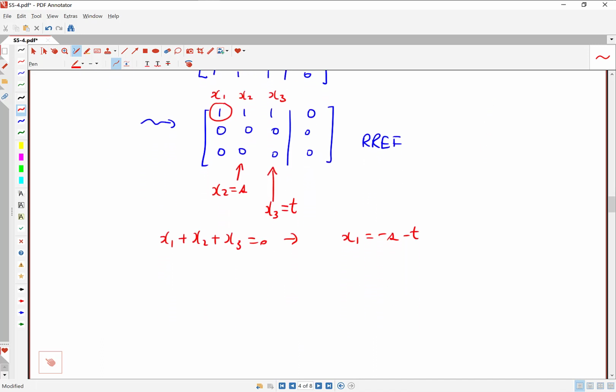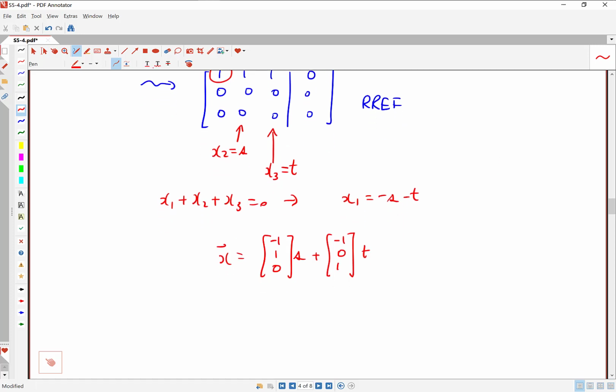Okay, so then from there we can write up the vector form of our eigenvectors. So we're going to have some numbers times s plus some numbers times t, and our coefficients are going to look like -1, -1. x2 is s, so that's 1 times s and nothing times t, and x3 is t, so that's nothing times s and 1 times t.